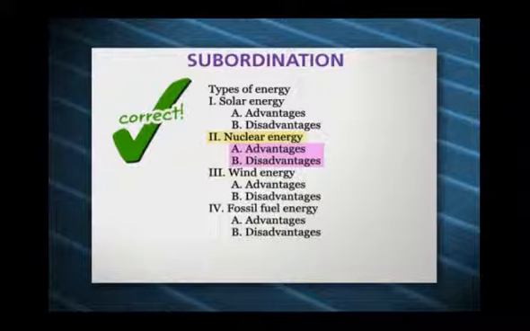If I wish to continue this outline, I might perhaps have wind energy. Under that, advantages and disadvantages. Fossil fuel energy. And then under that, my advantages and disadvantages. Now I place the most important ideas first and the least important ideas lower down the line.